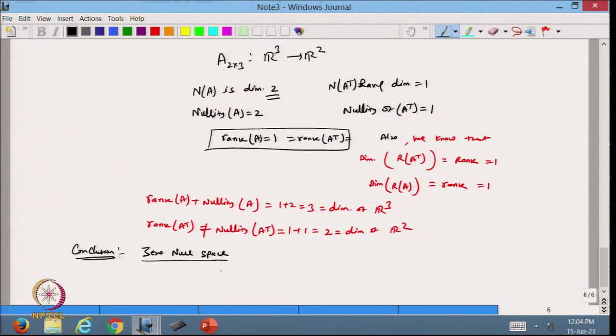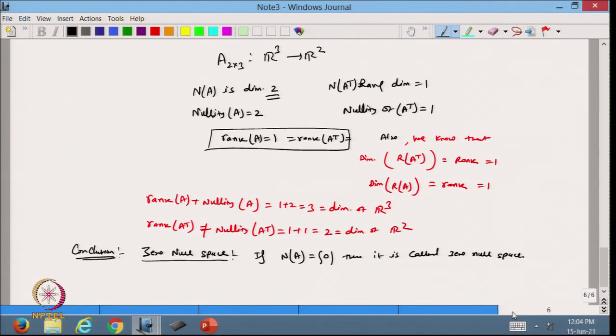So, if the null space of a matrix A contains only one element, that is the 0 element, then it is called a zero null space.